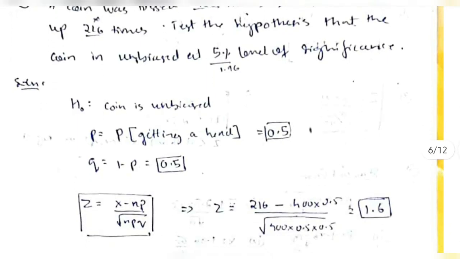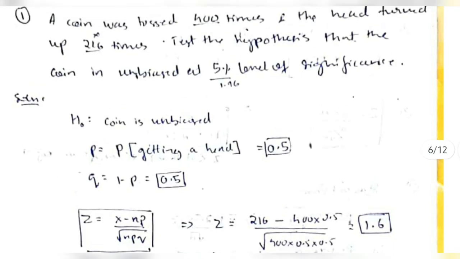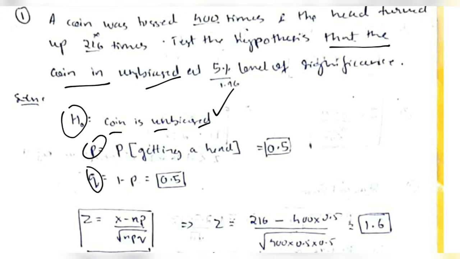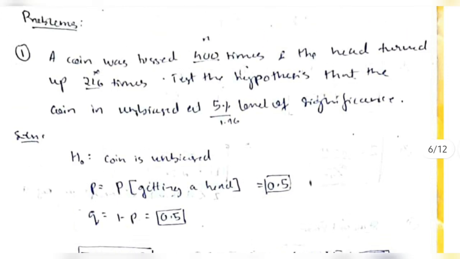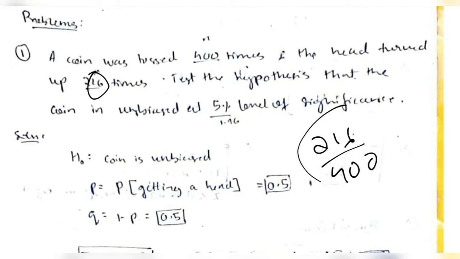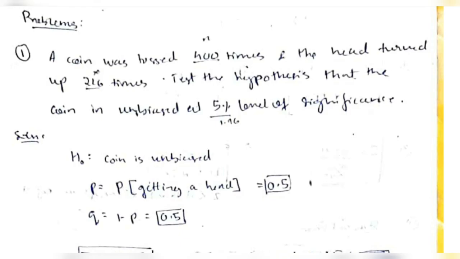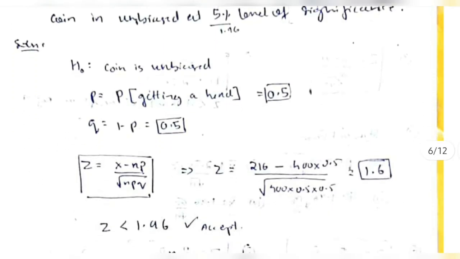The hypothesis we have to test is that the coin is unbiased. So what we'll be writing first is H0 is equal to coin is unbiased. After writing this, we have to find the P and Q values. For an unbiased coin, getting a head is equal to getting a tail, which is 0.5 only in this case.